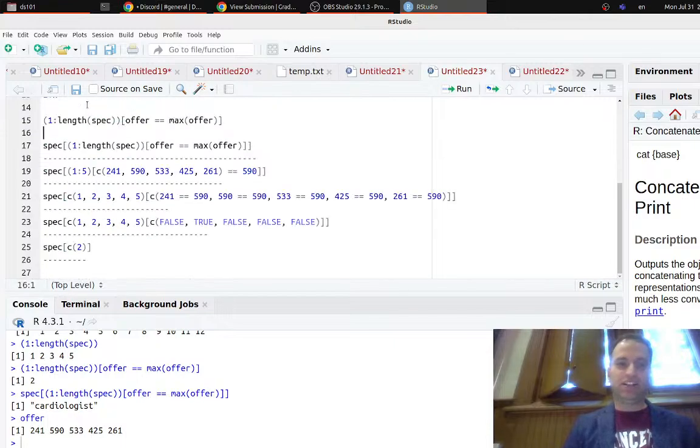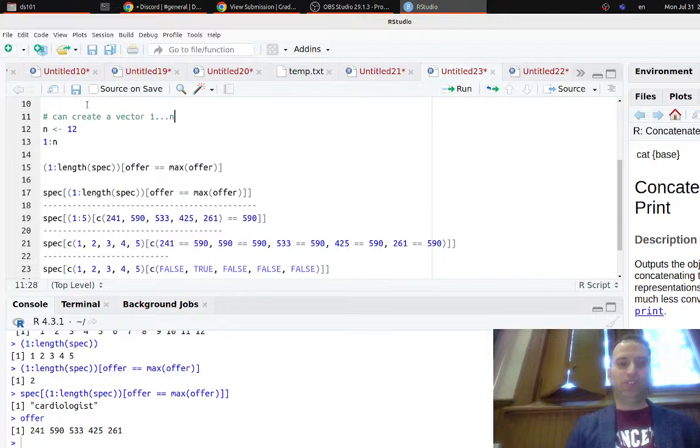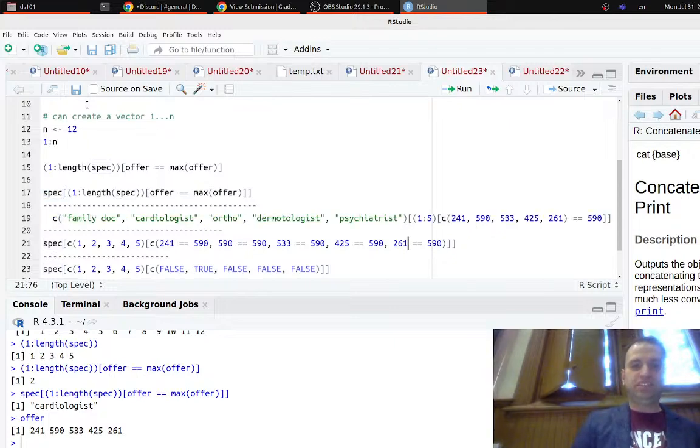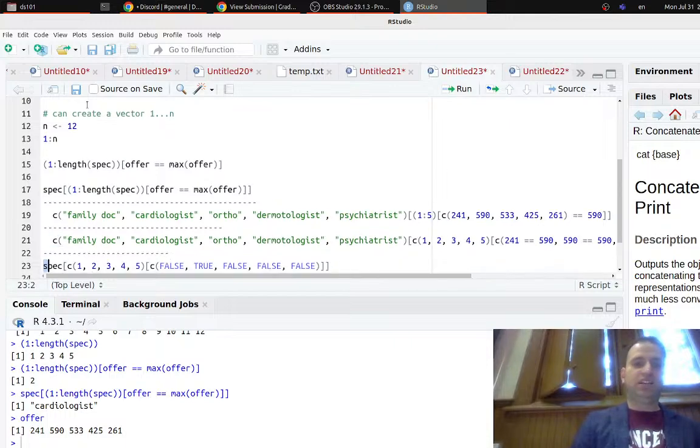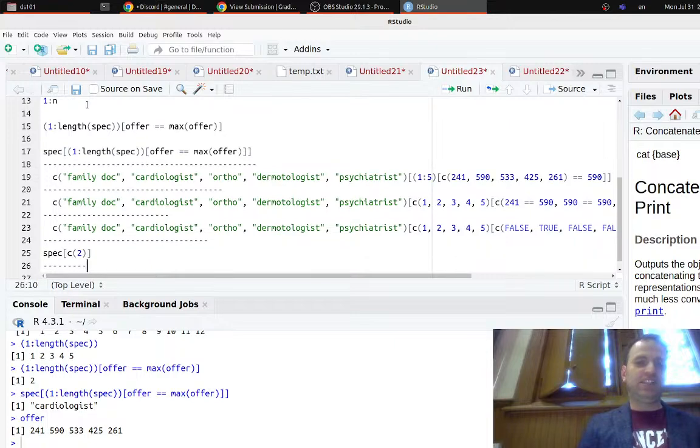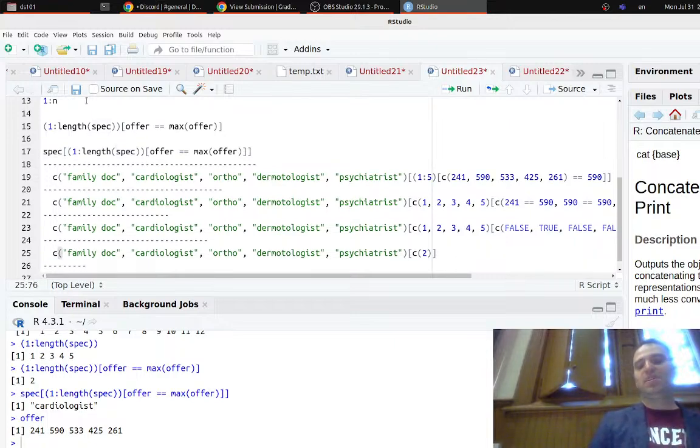This is going to look ugly. But the first time we wrote spec, and here we need to substitute it like this. So it's annoying, but it has the advantage of being consistent and correct. So that's how it's going to go. And now here we're saying pick out element number 2 from the vector on the left. So this would pick out cardiologist.